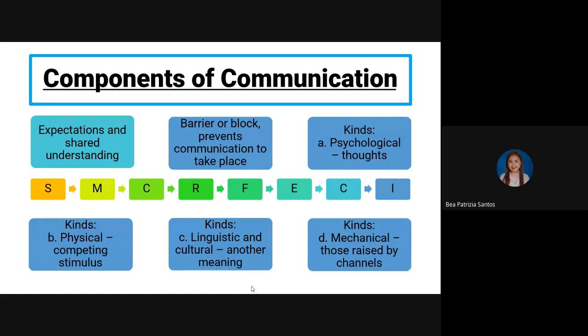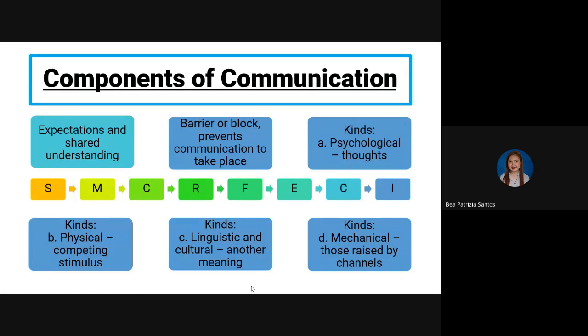What do you think is the word starting with letter I? Okay, I for interference is correct.